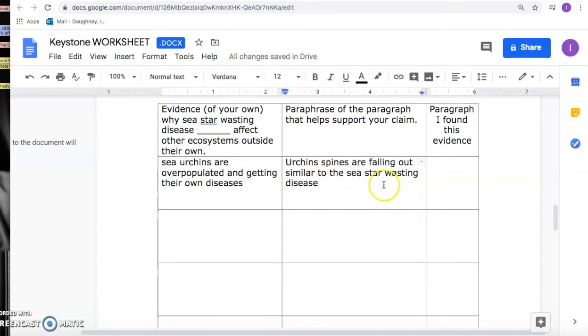It's not the same virus, but it's a similar effect, right? They're dying, okay? And then you found that evidence in paragraph 4. Notice how I talk about the evidence. I paraphrased. I did not copy. I did not paste. I just quickly summarized what I read. And then I wrote in the paragraph where I found that evidence.